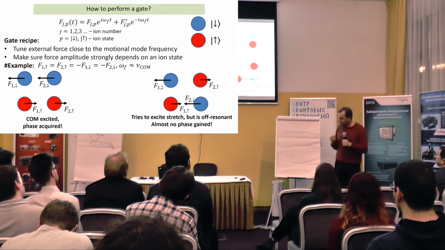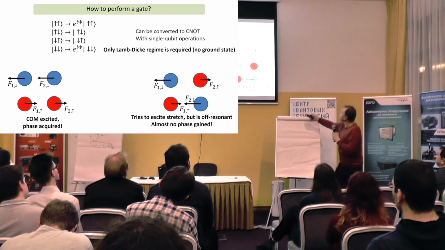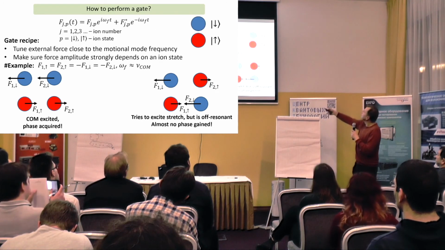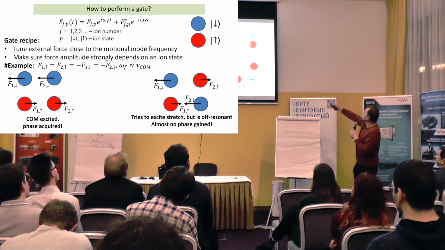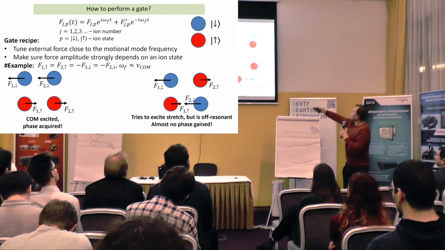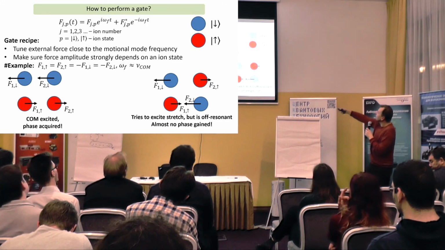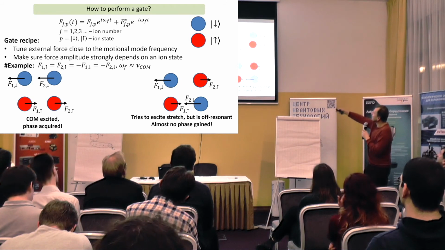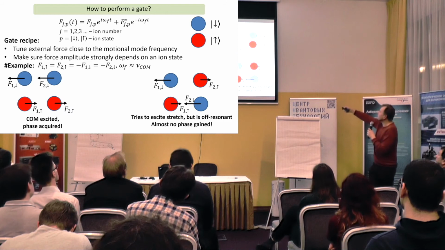Generally we can forget about ground state cooling at the moment. We have a force which is state dependent, so it can be, for example, spin down, spin up. It depends on the number of ions, because there can be quite many of them. This is the ion state, which we will denote up and down.